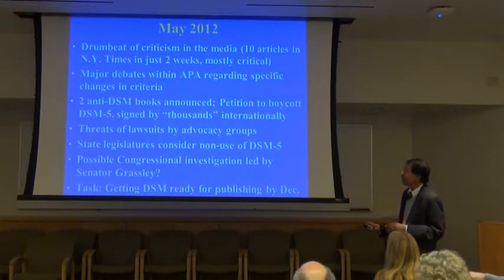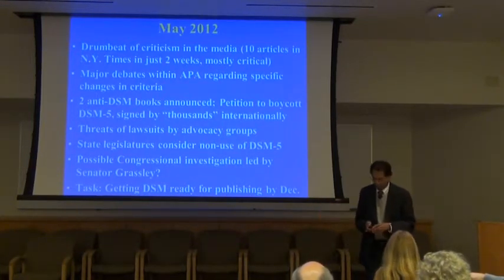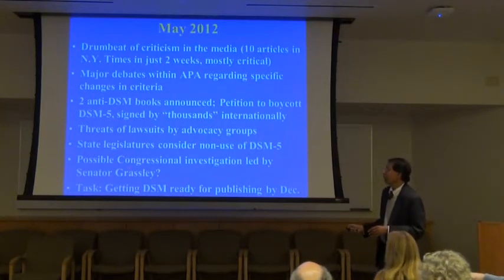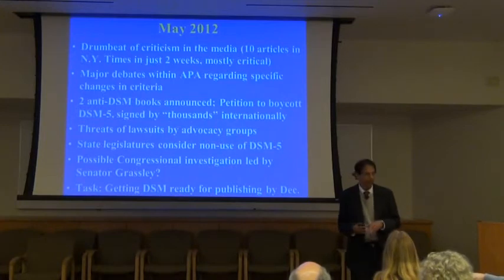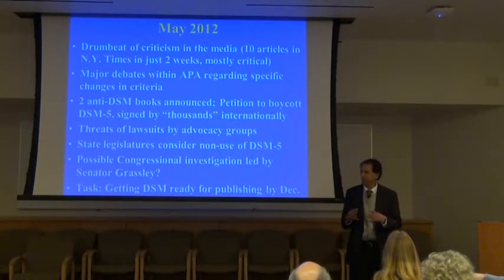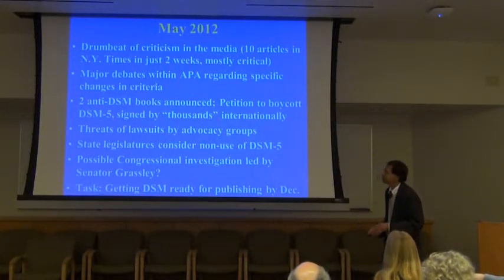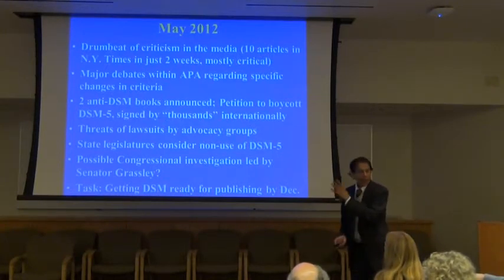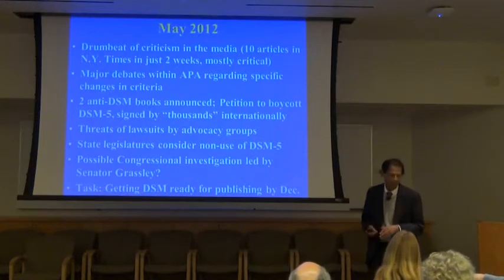Some of the state legislatures decided to go back to DSM-4 and not use DSM-5. And last but not least was the real threat of a congressional investigation by Senator Grassley because of the accusation that APA was doing something to help the industry increase its market share. So that's the time I became president, and my charge was to have the DSM ready for publishing by December.